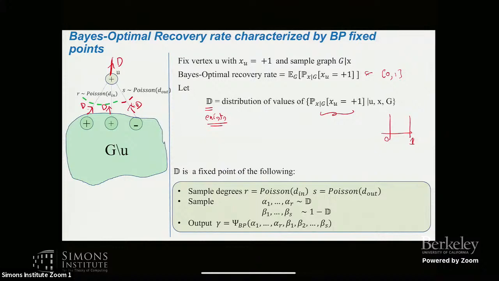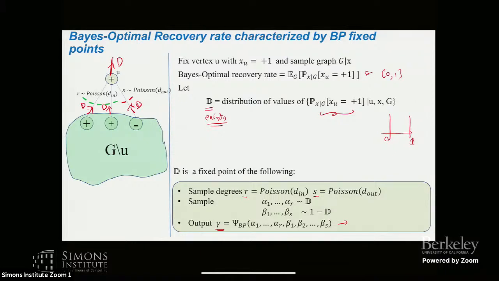You sample two numbers, R and S, the number of plus neighbors and the number of minus neighbors. You take R samples from D, and S samples from 1 minus D. These are the samples alpha, and then you plug them into this BP update rule, which takes in numbers and gives out a number. So it spits out a number gamma.